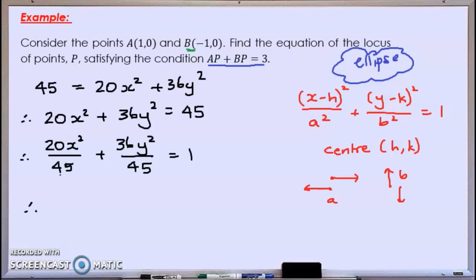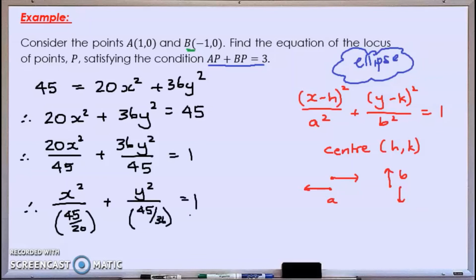And now let's make sure our denominators fit the idea of a number. So I'll have x squared over 45 over 20 plus y squared over 45 over 36 equals 1.